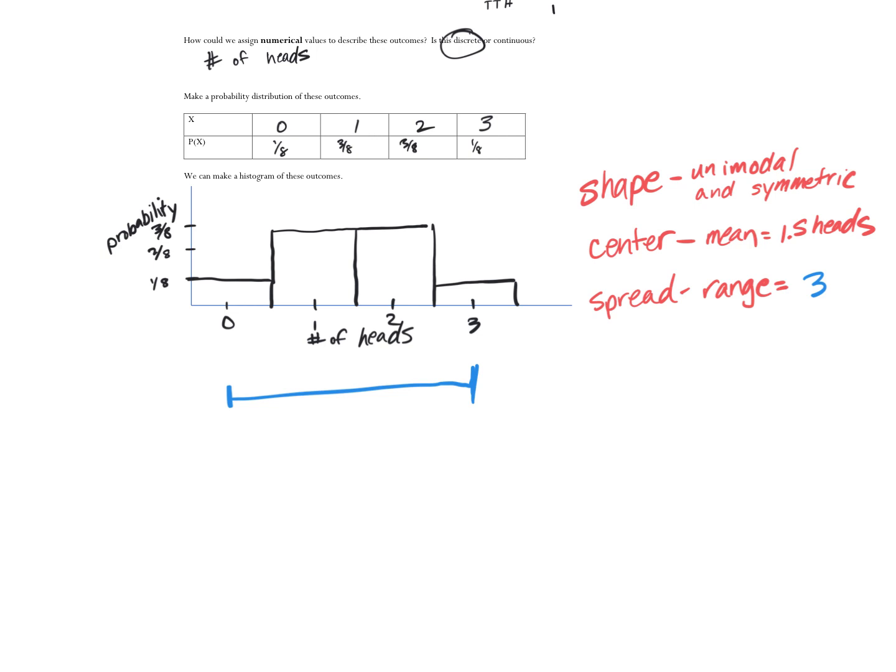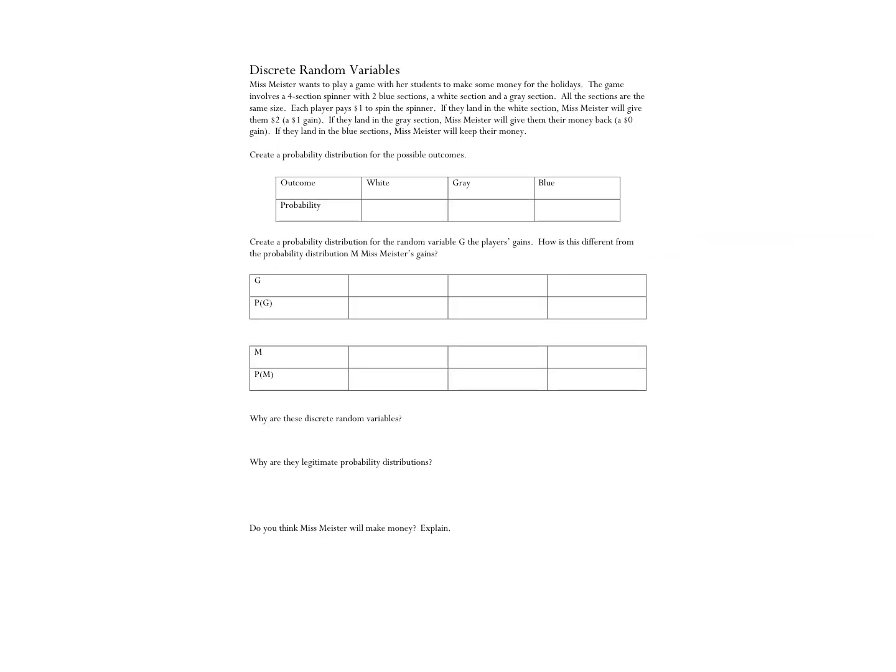You can have all of those things on this theoretical set of data. Good so far? Okay. I'll let you guys go ahead and read this real quick.